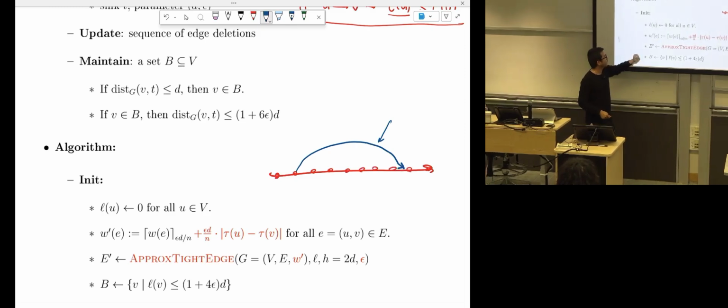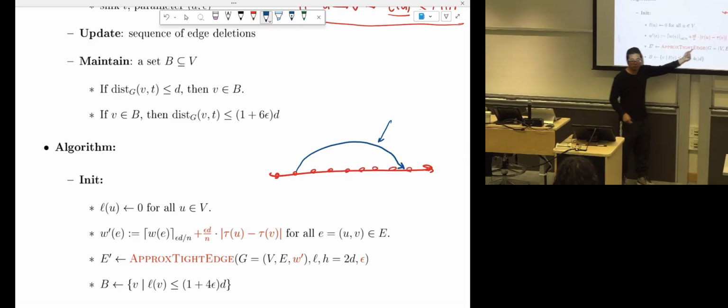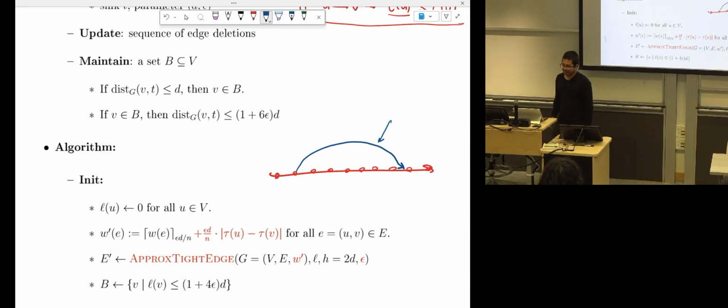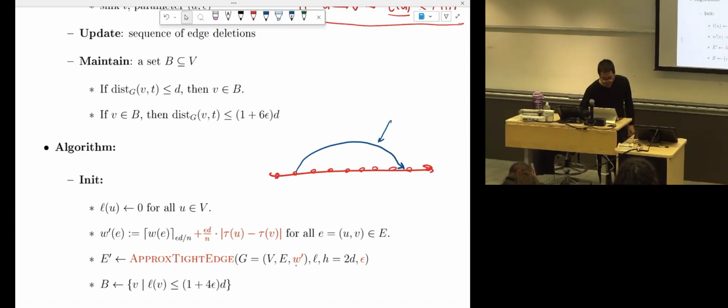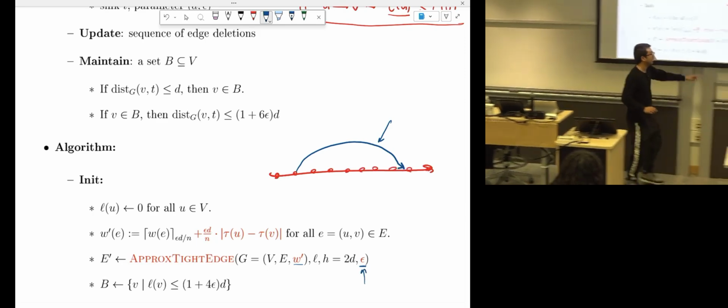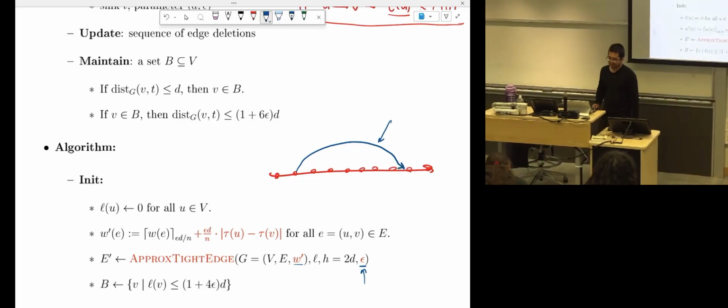And the next important thing is that E prime is basically the same thing, but instead of tight edges, we maintain the approximately tight ones. We use this weight W, but now we allow some slack of tightness by an epsilon factor.